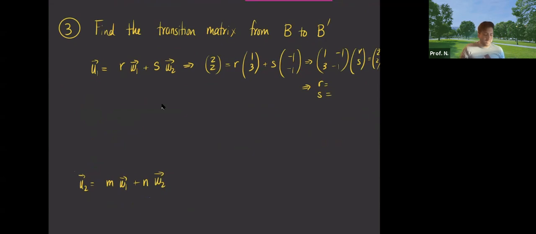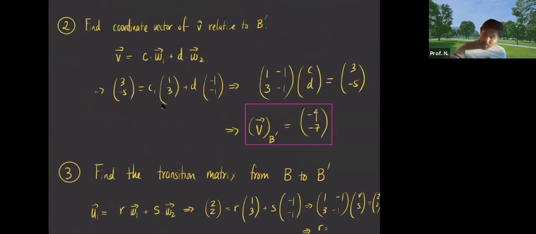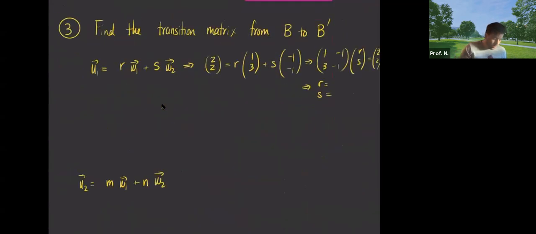Again, it's the same system of equations, the same kind of problem again and again. The new column vector is 2, 2. When I got that, I got 0, -2. That means U1 with respect to the new basis is (0, -2).